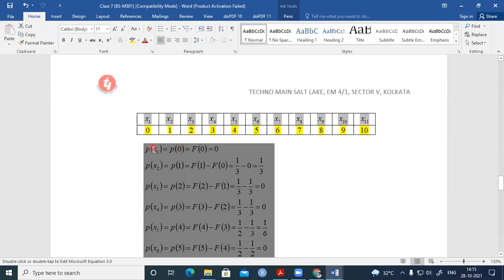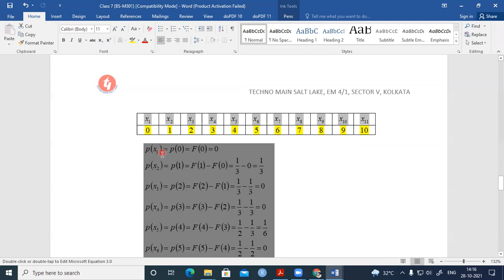Then the point p of x1, and obviously since no such point actually exists in the distribution function, it is going to be 0, but we need to calculate it. Even if it starts from the point 1, we need to start from x equal to 0, the lowest limit. Now, if I consider x1 to be my first point, that is 0, then there is nothing wrong in it, because it is not contributing anything in the distribution function.